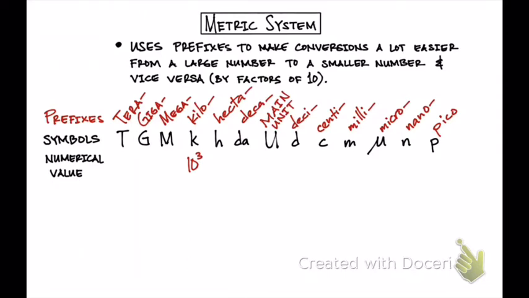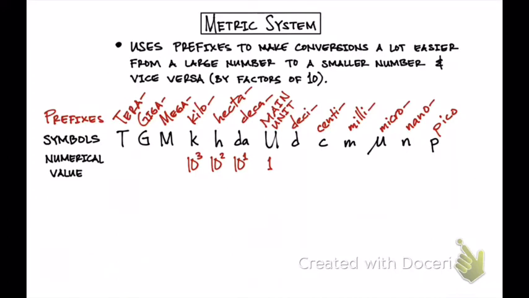So these are basically multipliers here, the numerical values. So kilo is 10 to the third, hecta is 10 to the second power, deca is 10 to the first, and then once you get to the main unit, you give it 10 to the 0 power, which is also equivalent to 1. So when you plug in 10 raised to the 0 power, that's equal to 1.